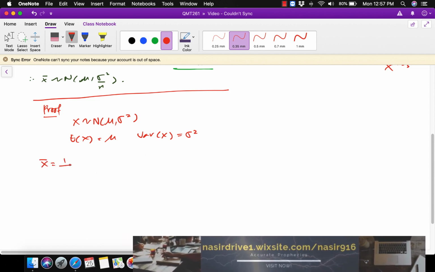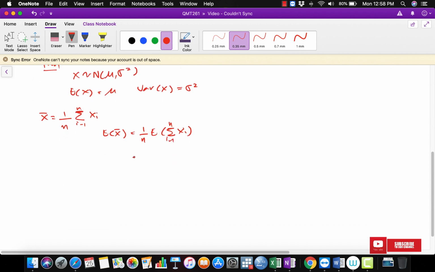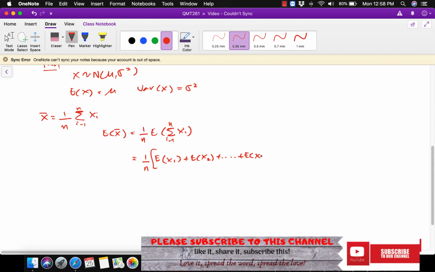The expected value of X bar is equal to 1 over n times the expected value of the summation of Xi, i equal to 1 until n. This should be equal to the expected X1 plus expected X2 plus until expected Xn.